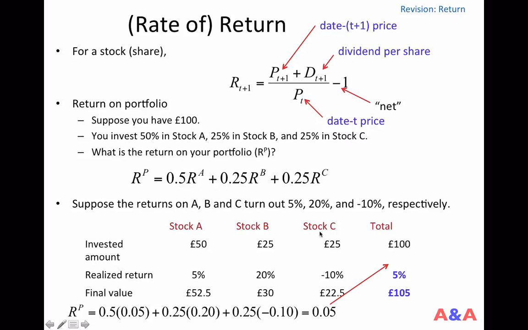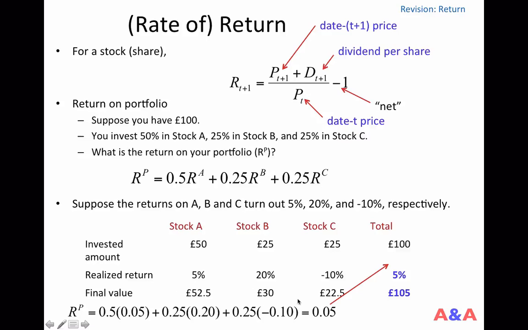Unfortunately, for stock C, the price dropped, so the realized return was negative 10%. The total value of stocks of company C you own is now £22.5, 10% lower than the originally invested amount. So, 1 month later, the value of your portfolio is what?